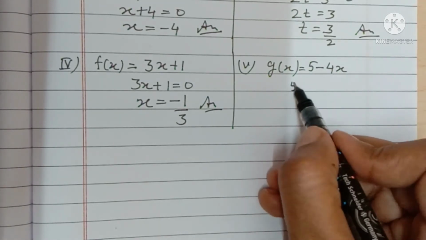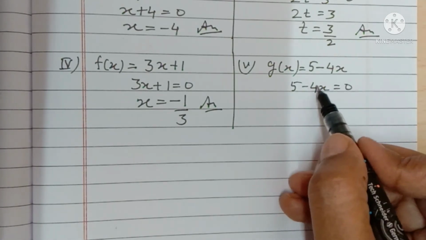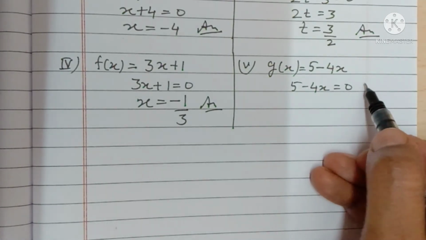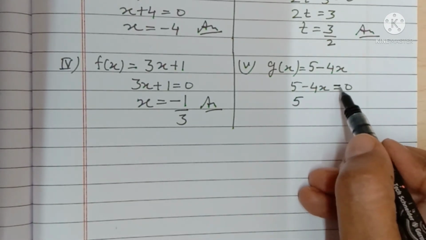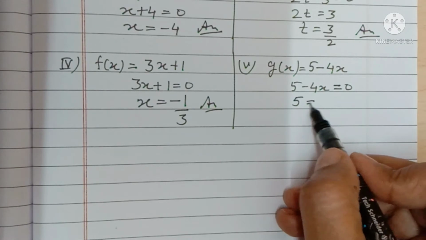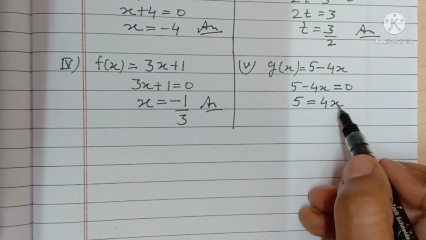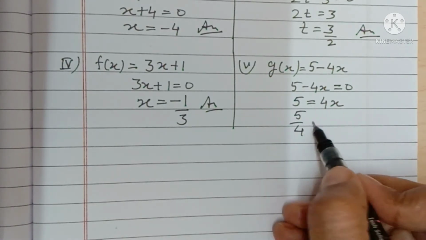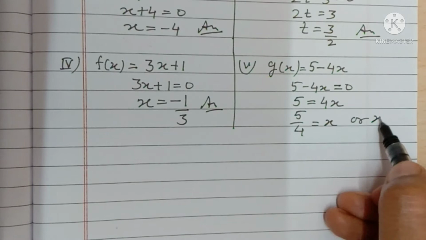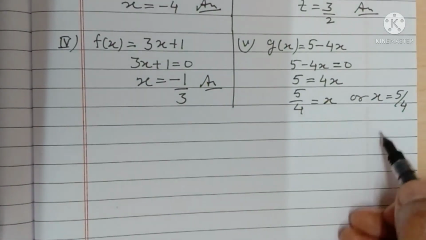Now 5 minus 4x is equal to 0 and shift this 4x to the other side of the equal sign. So 5 is equal to 4x. This becomes positive, or x is equal to 5 upon 4. You can write like this. Answer.